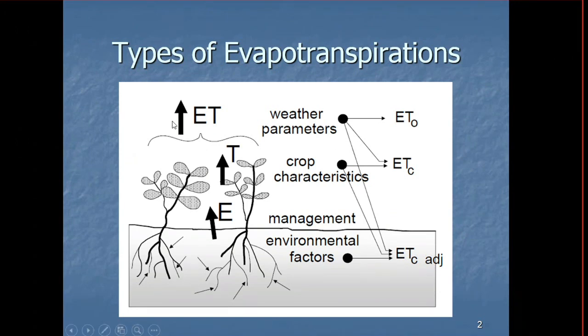So, what is evapotranspiration? You already know that evaporation is from the bare soil of the field, and transpiration is the evaporation from the aerial parts of the plants. Combinedly, because it is very difficult to differentiate in a crop field how much is evaporation and how much is transpiration, we use it together and find it by various methods.